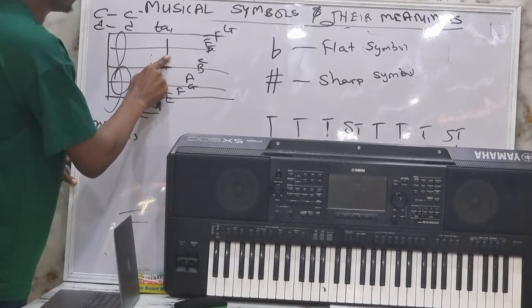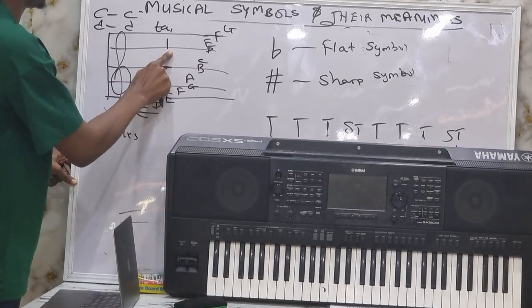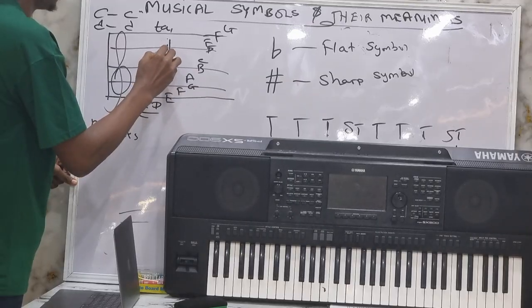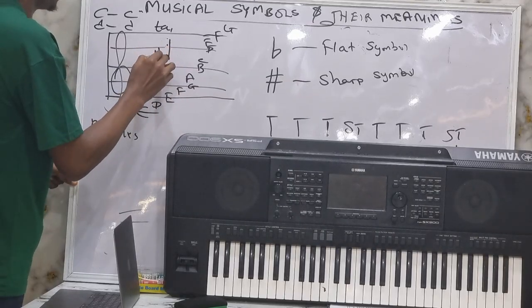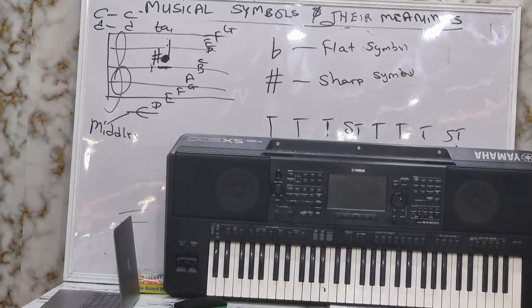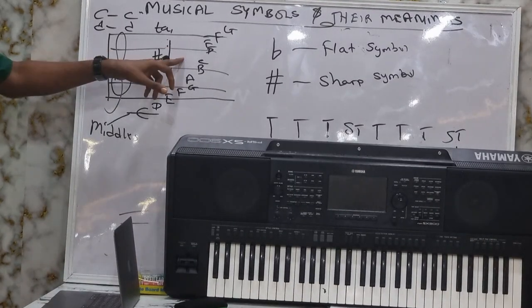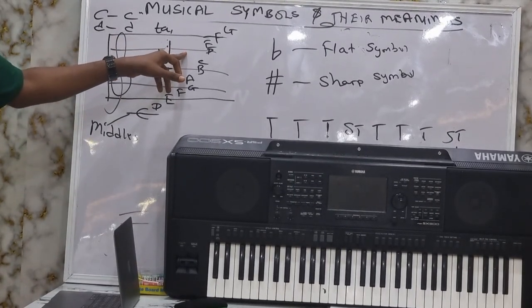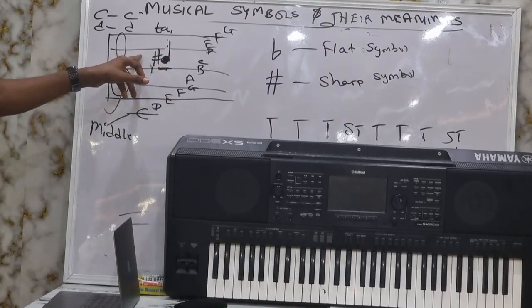Now, assuming, let's go to sharp now. So what sound is this one? Middle C. Do, but now there's a sharp.